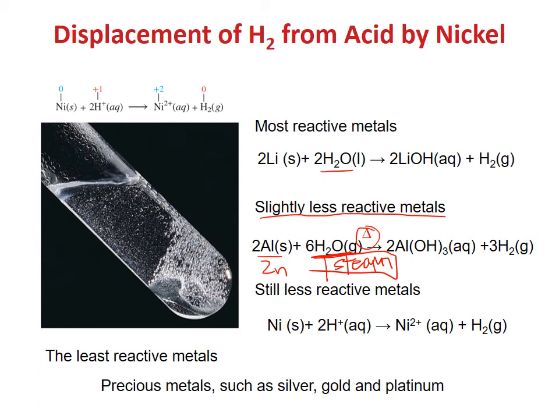In all these displacement reactions, the oxidation number of the metals changes from 0 to positive 1, positive 3, positive 2. So these metals are oxidized. So the reactions are oxidation reactions.